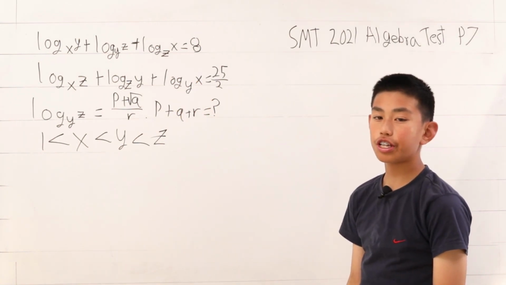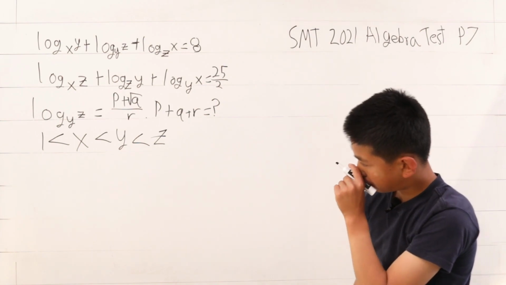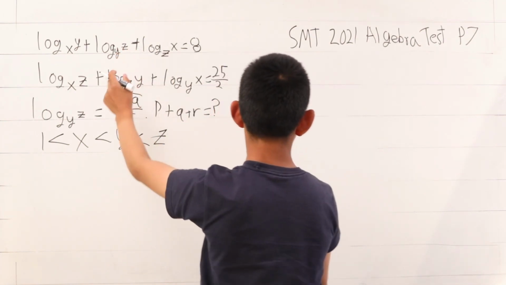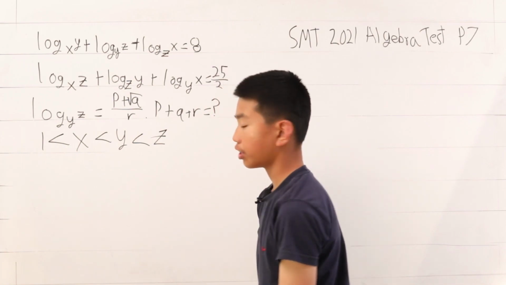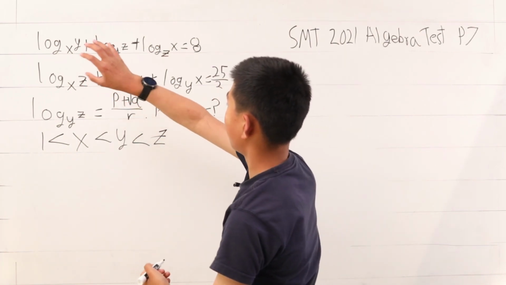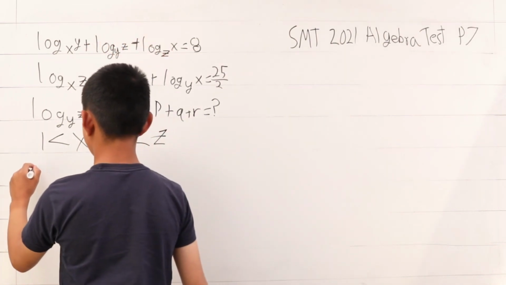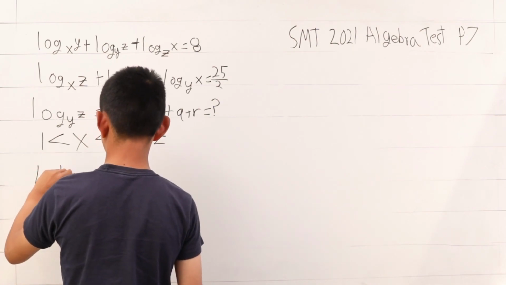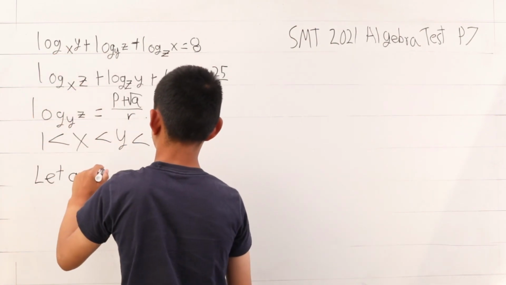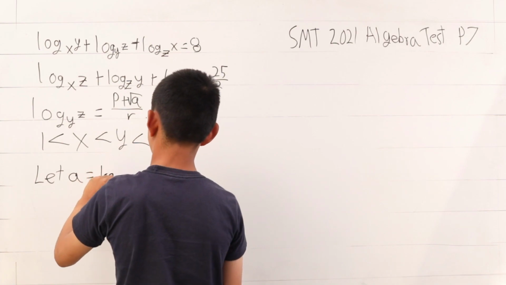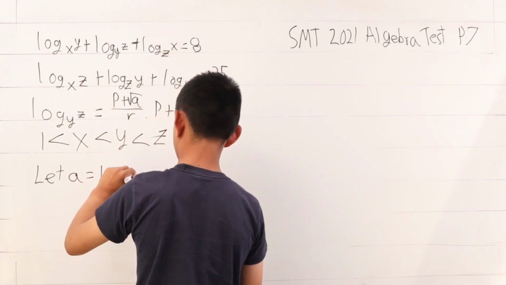Alright, so the first thing we do, we introduce some substitution here. We specifically do 3 substitutions for all 3 of these terms. Let a be equal to this first term, log base x of y.